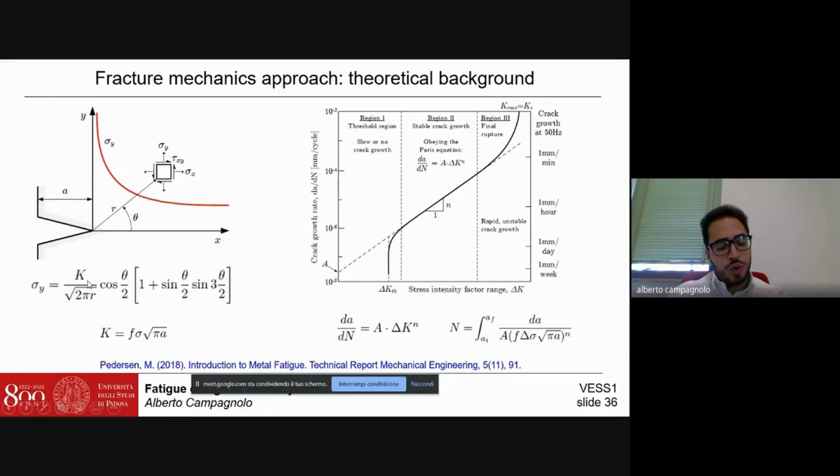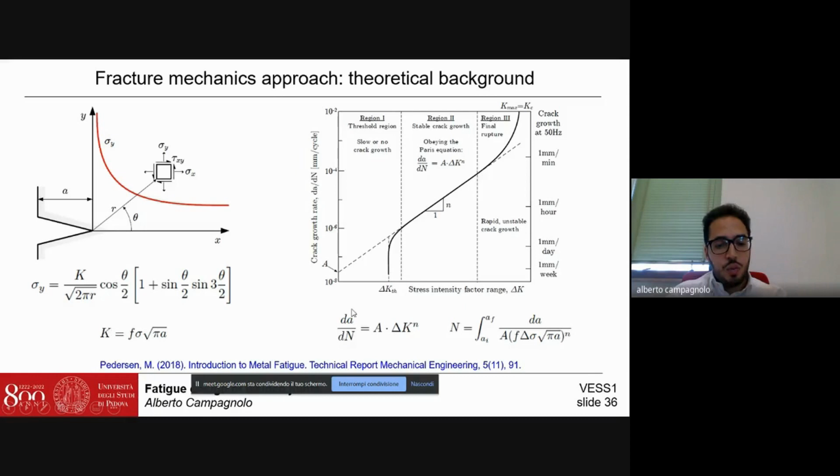On the other side, we know from Williams and Irwin that the stress field can be written as a function of this parameter K, which is the stress intensity factor. We can calculate K from engineering formulas as a function of the crack depth a, the nominal stress sigma, and a shape factor F, or we can calculate K also from finite element calculation.